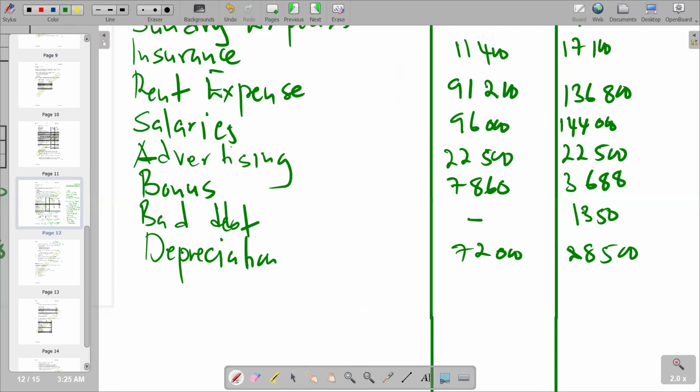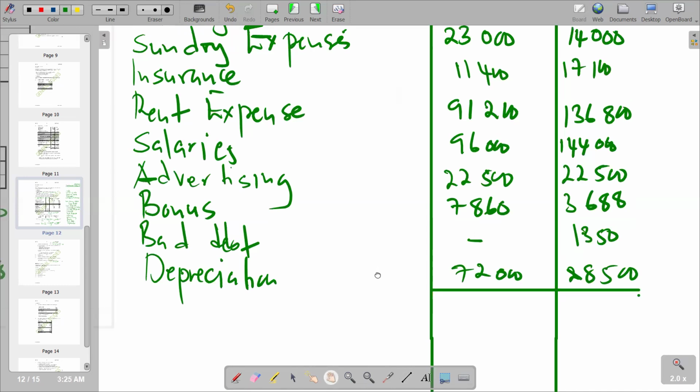So this is what we have in terms of all the expenses that we have in the question. So obviously we can close there, and then we can also close there on top.